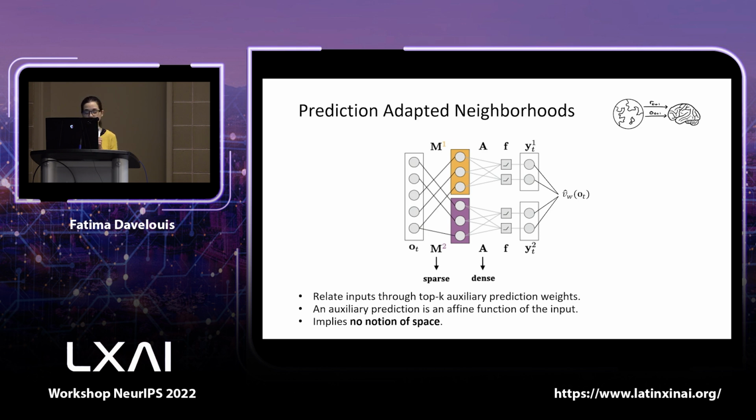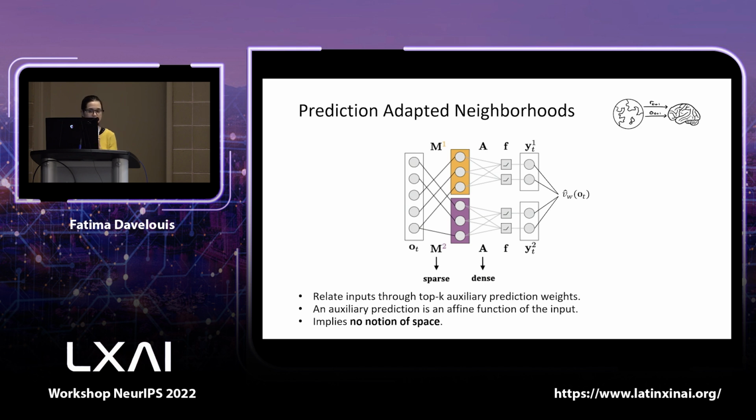So this is a diagram showing our architecture that we call prediction adapted neighborhoods. So let's say that we have a binary observation vector of 5 elements, and we have 2 general value functions. Each general value function is going to be used to form a neighborhood shown in orange and purple.